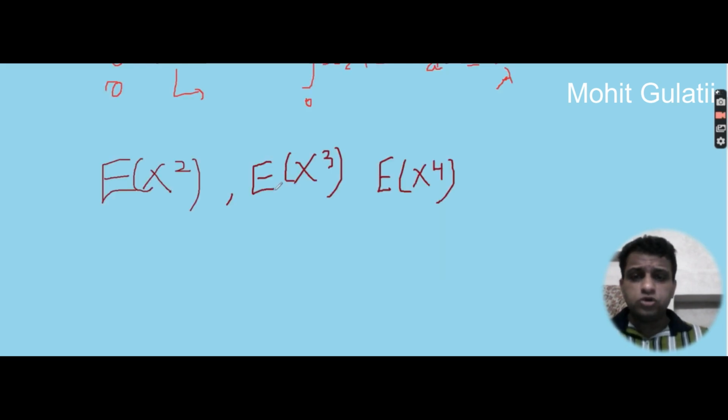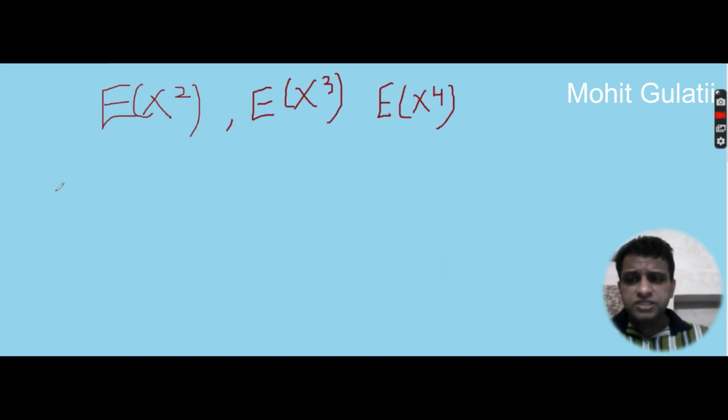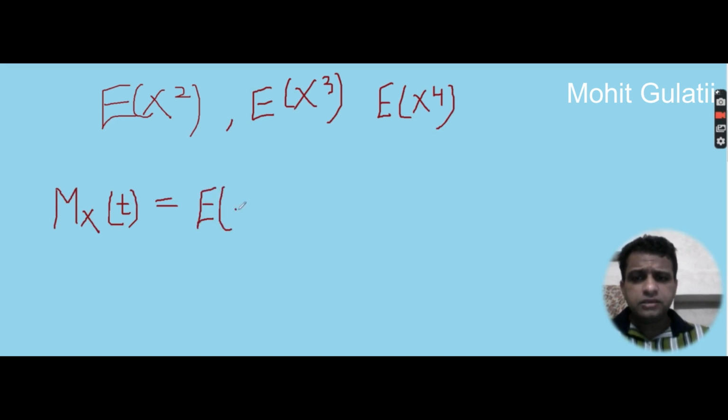The moment generating function is denoted by M_X(t), and its formula is E of e raised to power t X, where X is our variable. I'll show you how this will be applicable.